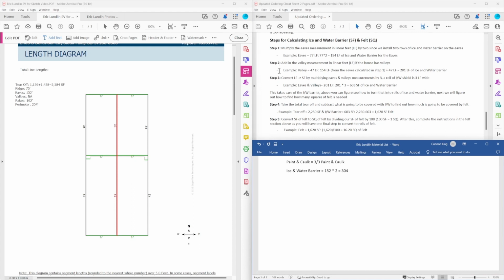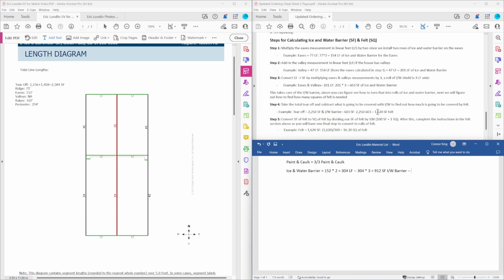Now we don't have any valleys, so we're going to skip to step 3. Convert linear feet of ice and water barrier to square feet by multiplying by 3. So now we're going to do 304 times 3. And we're going to get 912 square feet of ice and water barrier.